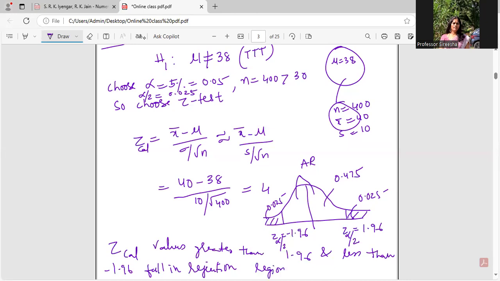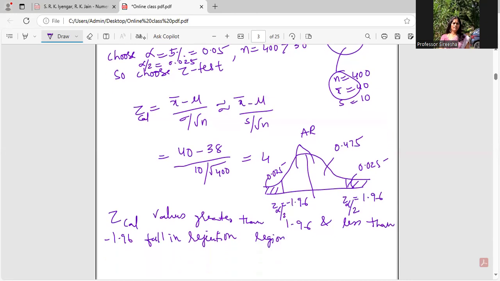Guys, if you write this sentence, it would be good. If you don't write it also, it is fine. According to the problem, if you conclude also, not an issue.